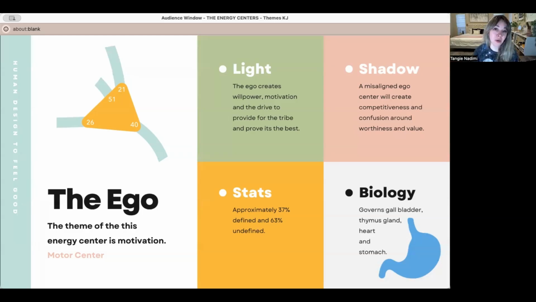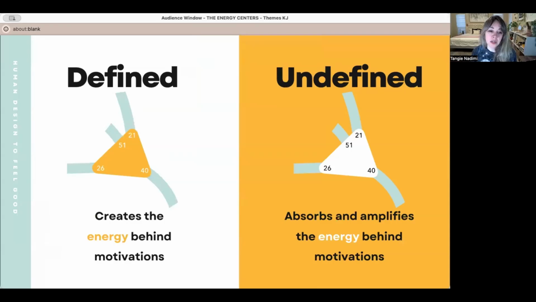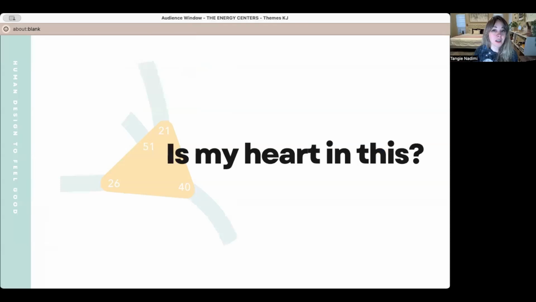They'll really go out of their way to try to prove themselves, whereas a defined ego knows what's worth it and what isn't. So defined ego center creates the energy behind motivations. An undefined ego center absorbs and amplifies the energy behind motivations. The question that this energy center is always asking is, is my heart in this?